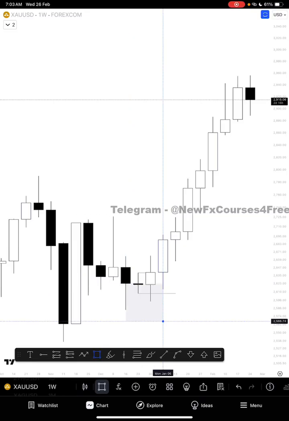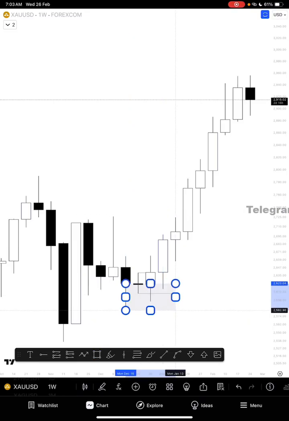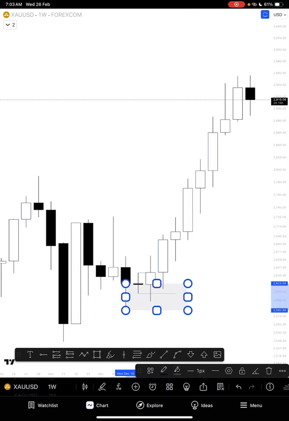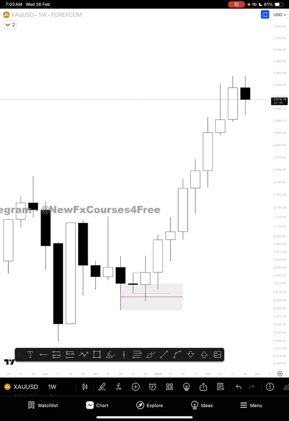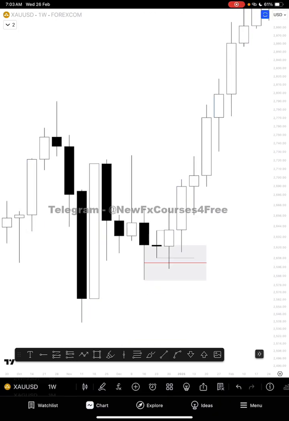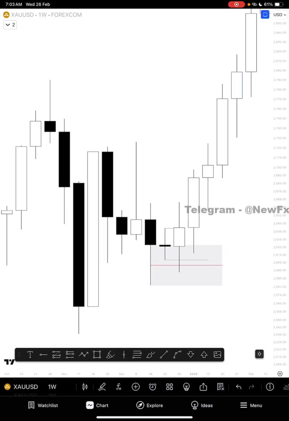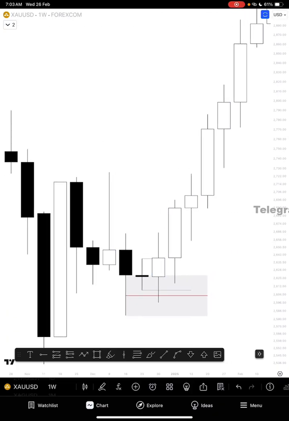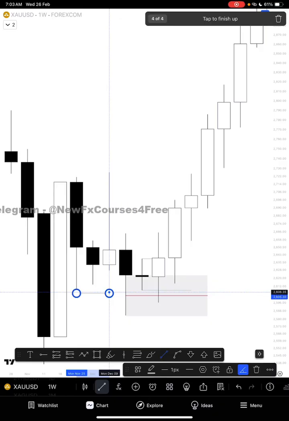Let me highlight this for you all to see. Yeah, you can see, remember I told you the midpoint of a rejection block is very sensitive, and this was actually formed after taking this candle range low over here.